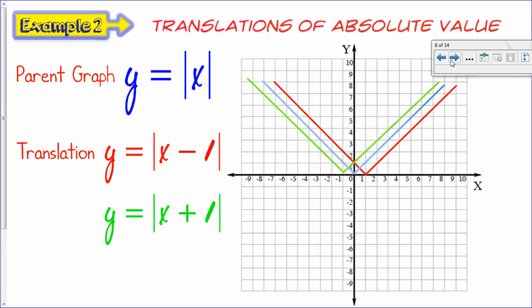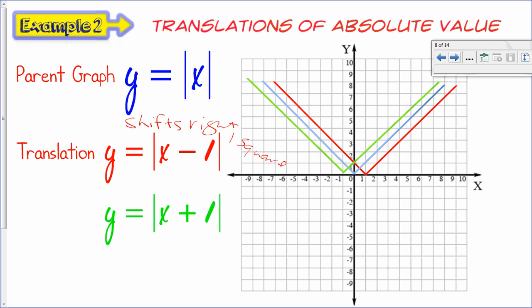If I put a negative 1 after the x inside of the absolute value, it shifts it how? It shifts it right, how many? 1 square. So you may want to say, shifts right 1 square.